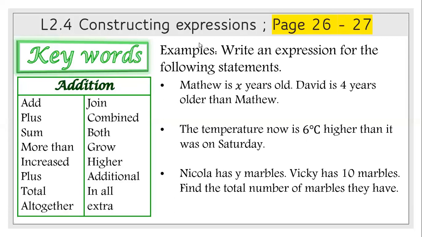What if I cross this out and I said David is Y years older than Matthew? What's the expression going to be? X plus Y, because I have no idea about both of them. Do you? No. So that's how we write it.